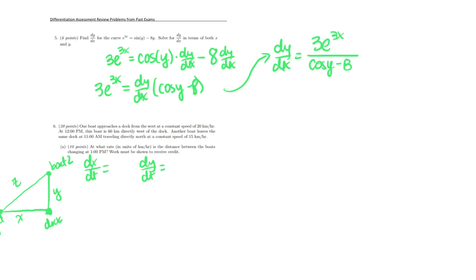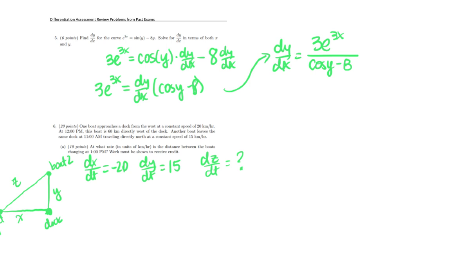Since the boat is approaching the dock, x is a quantity that is shrinking because the boat is getting closer to the dock. So the rate of change is going to be -20 for dx/dt. For dy/dt, that boat is leaving the dock traveling north, so y is increasing and the rate of change will be positive. So that's 15. And what I'm asked to find is dz/dt, and that's the one I don't know.